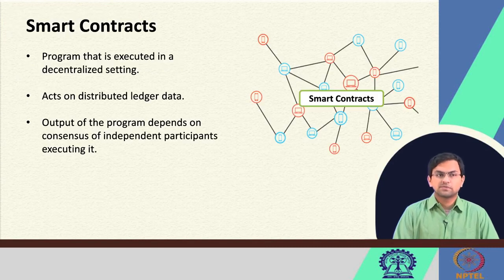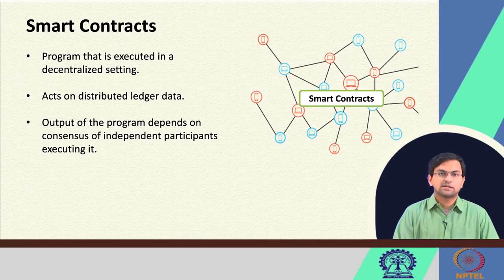So what are smart contracts? Smart contracts are basically programs which are executed in a decentralized setting, and these programs actually work on whatever data there is in the distributed ledger. So they can read data from the ledger as well as write it back to this ledger. The output of any such program depends on the consensus of the independent participants executing it.